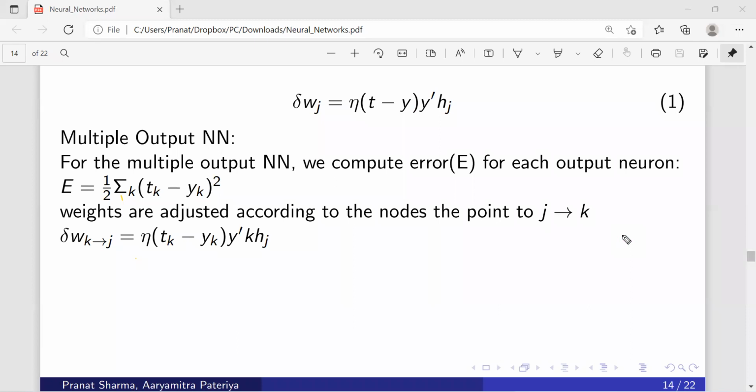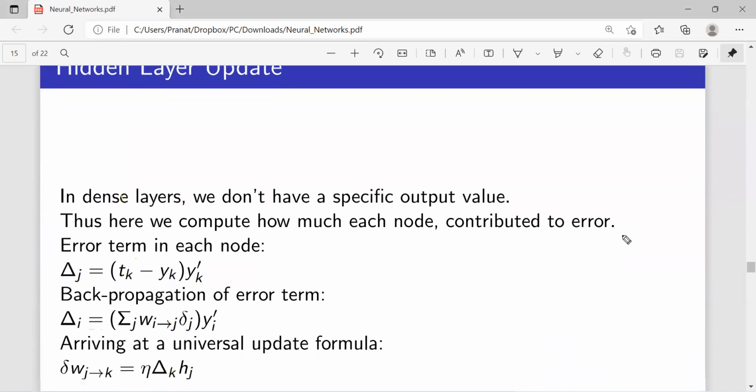Hence we calculate the error term similarly for each output neuron. That's why there is a subscript k here. k represents neurons in the output layer. That's why I have a subscript k here and a factor of k here. This is for multiple output neural networks.